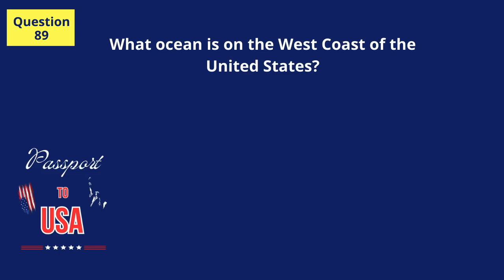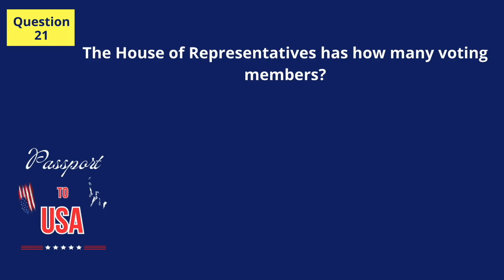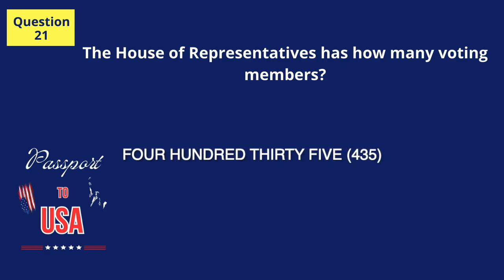What ocean is on the west coast of the United States? Pacific Ocean. The House of Representatives has how many voting members? 435.